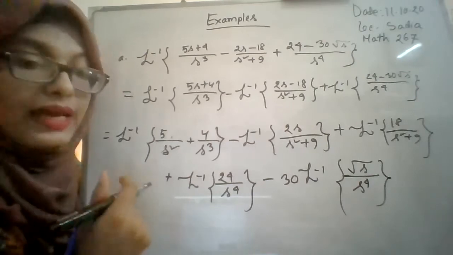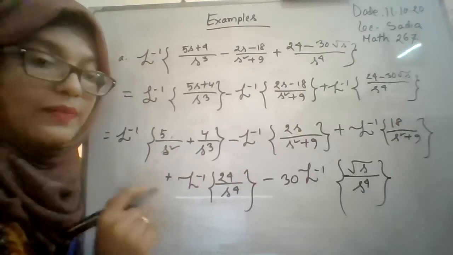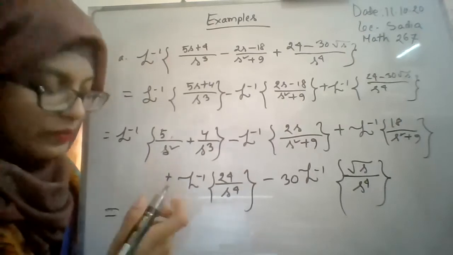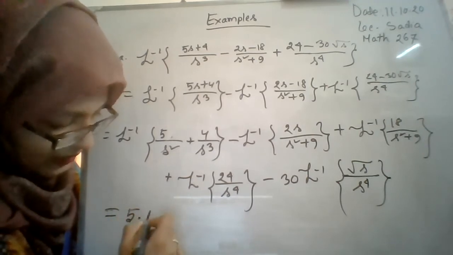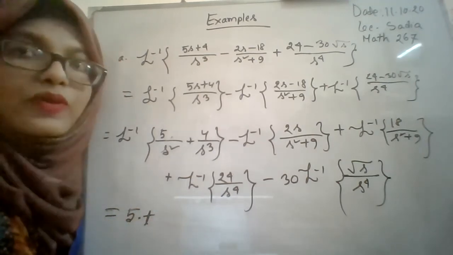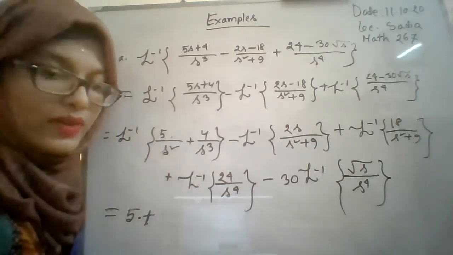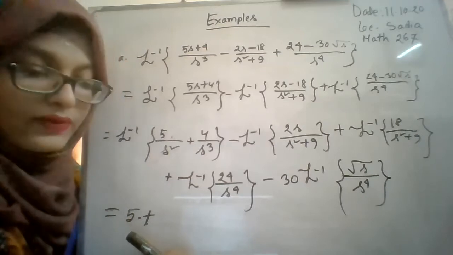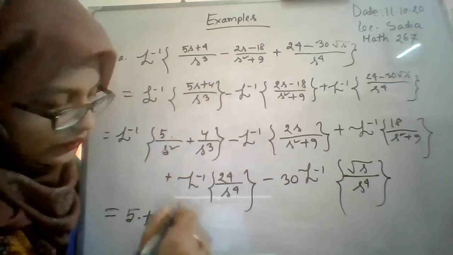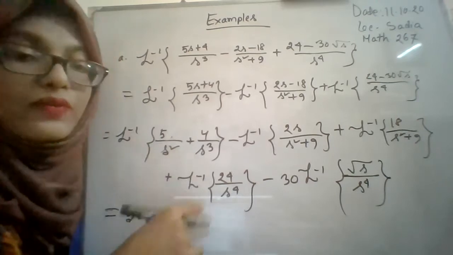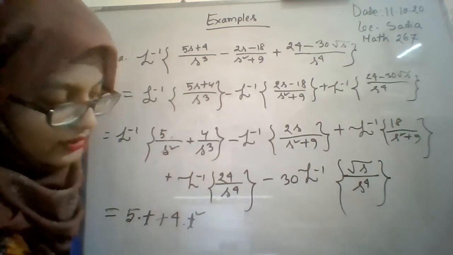In our initial class, we have learned some formula, and there you have learned the inverse Laplace transformation of 1 by s square is equal to what? t, ma'am. It is t, right? Or t to the power 1, or t. So for 5 into 1 by s square, we can write down 5t, plus 4 into inverse Laplace transformation of 1 by s cube. T square, ma'am.